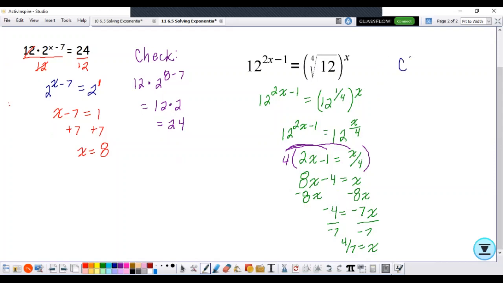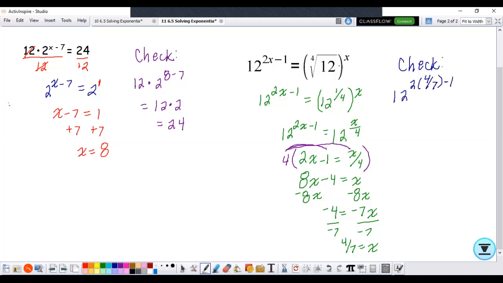So if I check, we'd have 12 to the 2 times 4/7 minus 1.